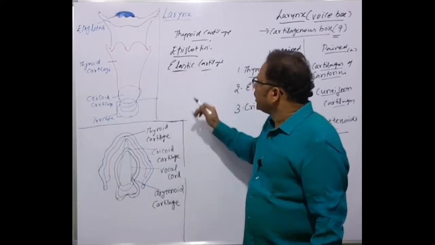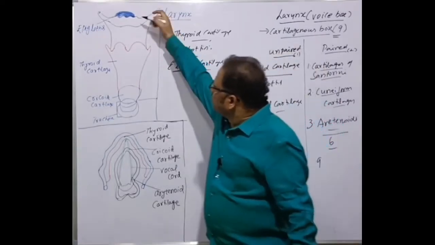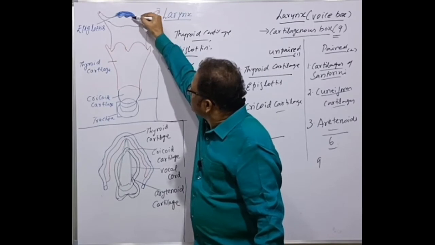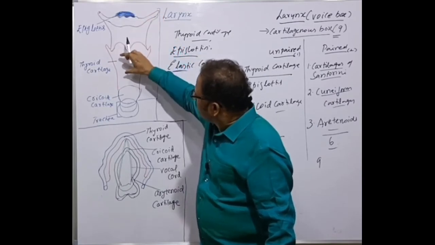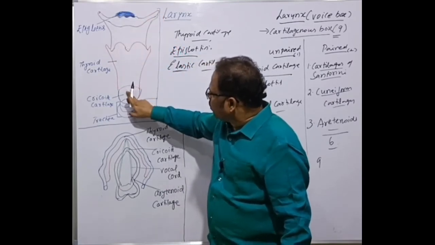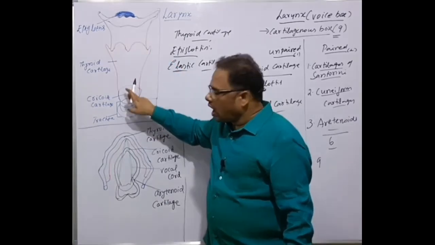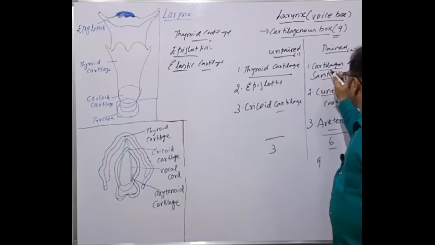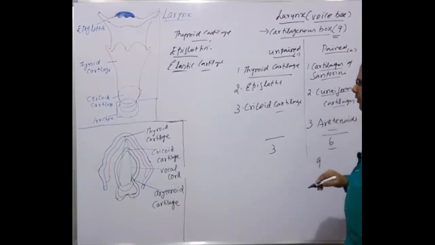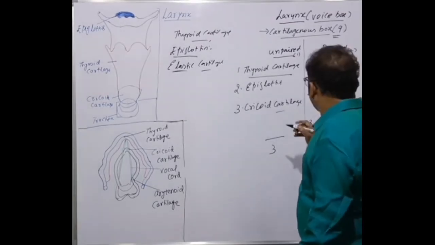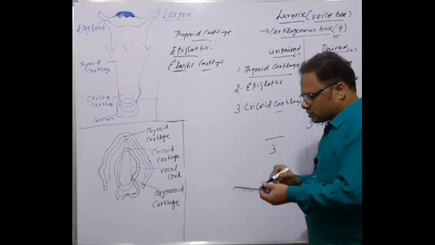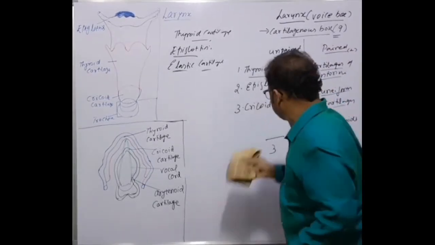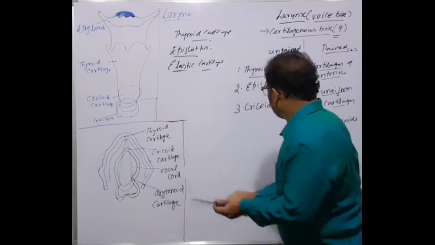That's about the epiglottis. This is the epiglottis, bacho, and here is the thyroid cartilage. This is the cricoid cartilage. All the three are the unpaired cartilages. Clear? Next one is the cartilages of Santorini. They are conical, nodule-like structures.